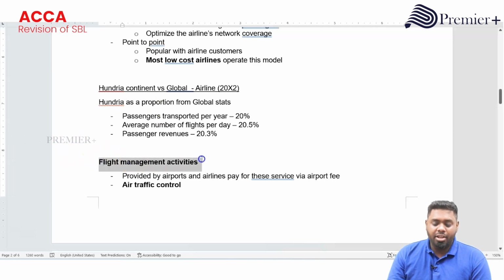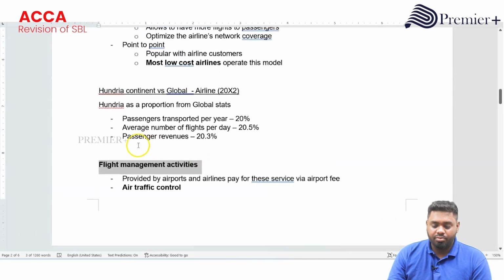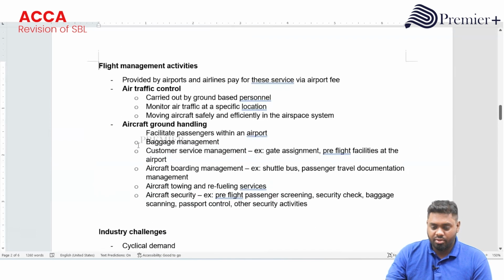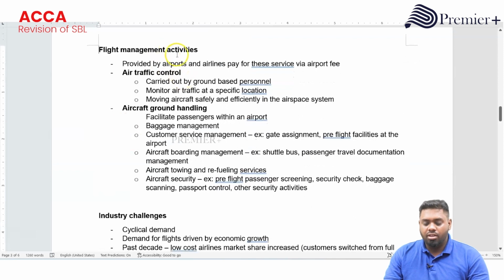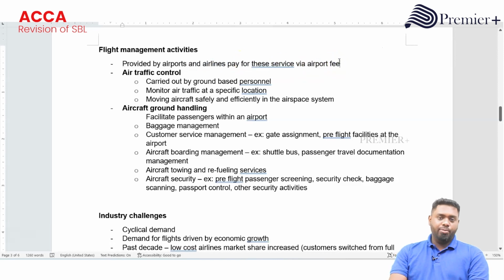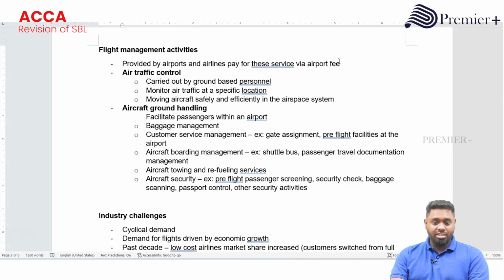Next, flight management activities. If you look at flight management activities provided by airports and airlines, they pay for this service via airport fee. So the airport basically provides some auxiliary activities, auxiliary support facilities, that's called flight management activities provided by the relevant airport.